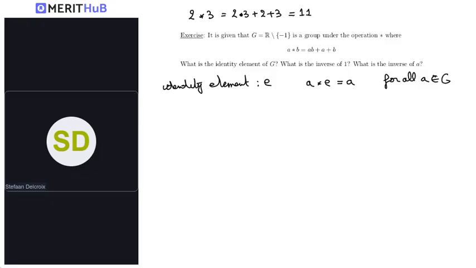You keep it abstract A, or you just plug in anything for A and figure out what E should be. What is A star E? AB plus A plus E should be A for all A. Sorry, there's a typo there, it shouldn't be B. So could you solve this for E, and could you tell me what E is?